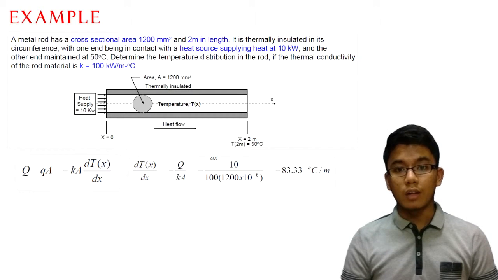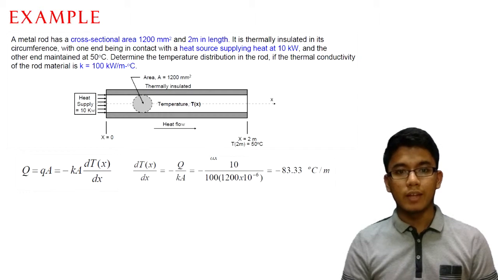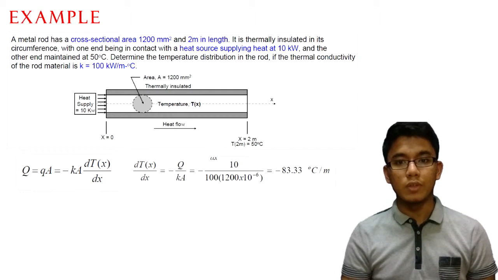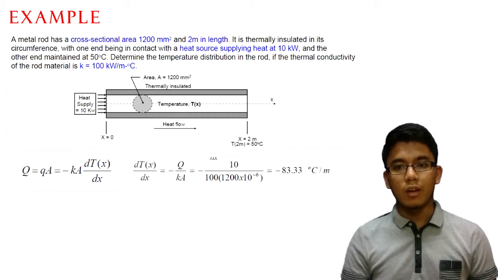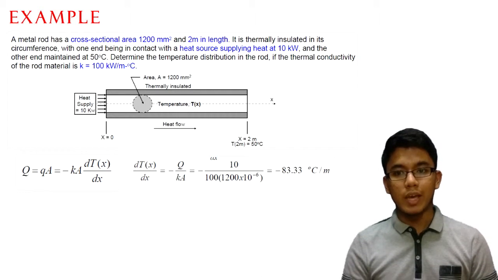We can now calculate the value of dT(x) over dx. Since this is an expression in a first order differential equation, we can now get the solution of T(x) by integrating the equation.